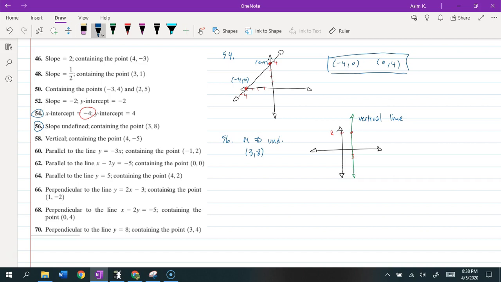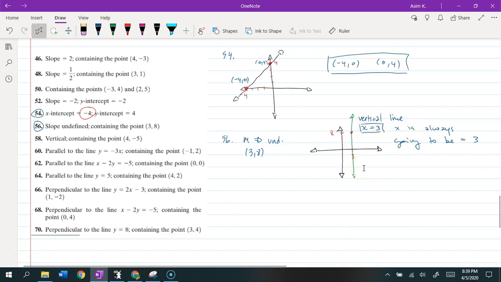Its equation is going to be x is equal to 3. And the best way that I ever understood it is somebody said to me, look, x is always going to be equal to 3. No matter where you go, as far as the y's are concerned in this vertical line, x is always 3, so that is the equation of that line.